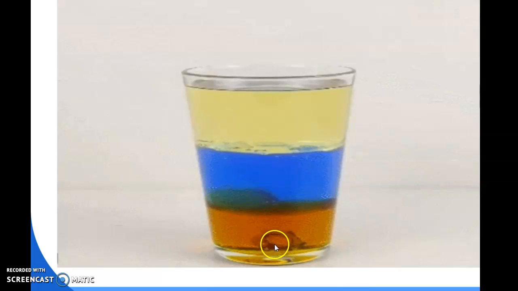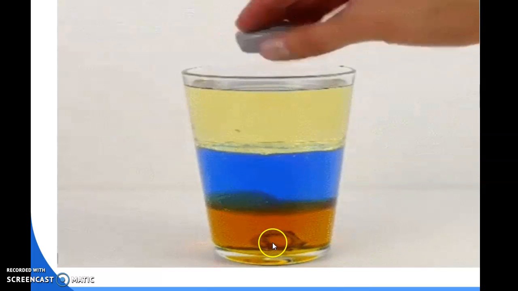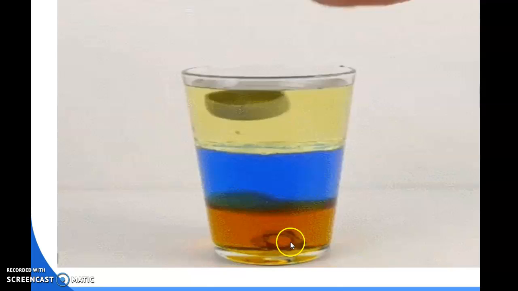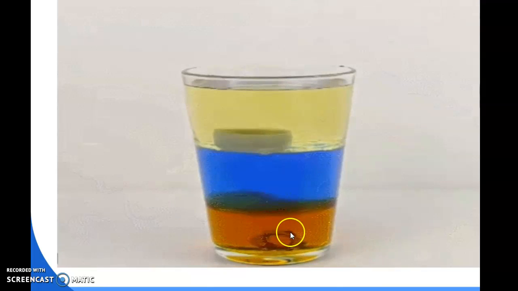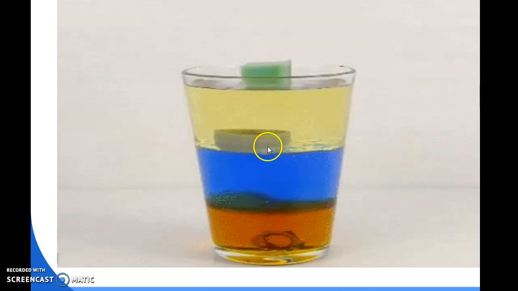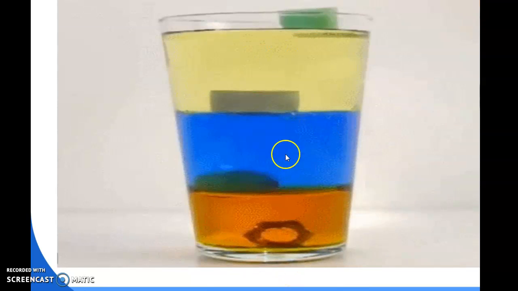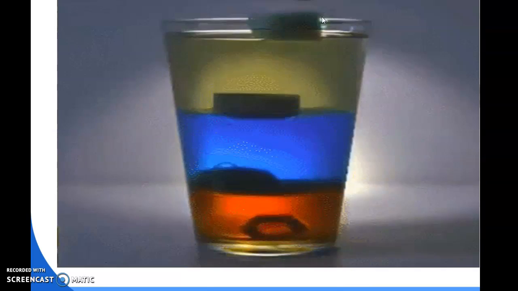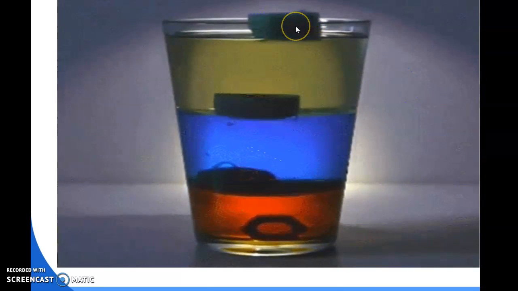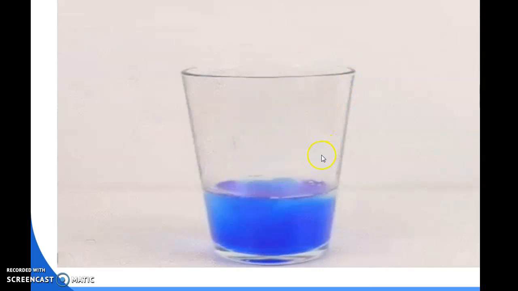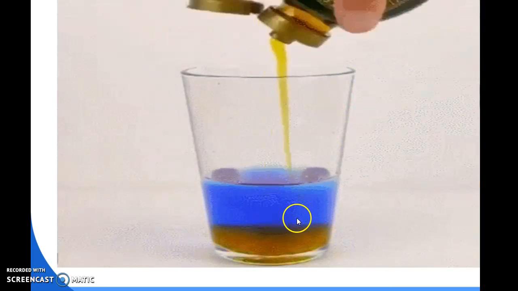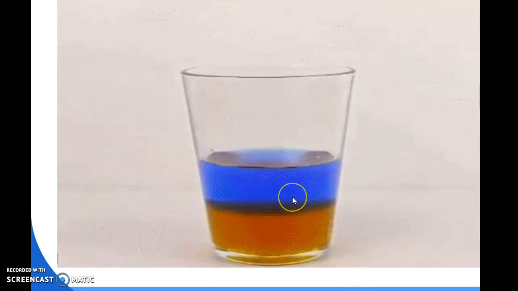Here you see the nut having more density, that's why it is at the bottom, and here is the cap, which has less density than the nut, that's why it is floating over here. And this is the sponge, very low density, that's why it is floating over the surface. So due to the density difference, different layers form.